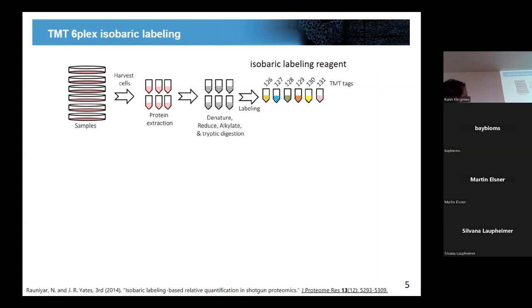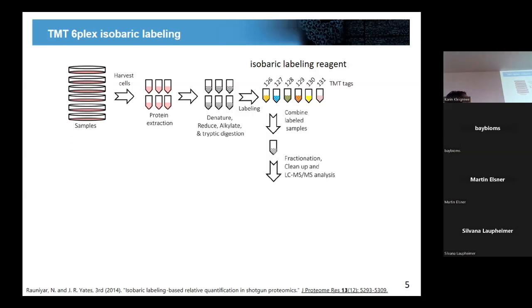Then you would extract the protein from each sample, digest each proteome with trypsin, and then you would react each of these 6 different samples with a different TMT labeling reagent, okay? Which will mean that the peptides in these 6 different tubes will all be labeled completely at the end, also at the C-terminal residue, with its individual reagent. Then you can put all the 6 samples together.